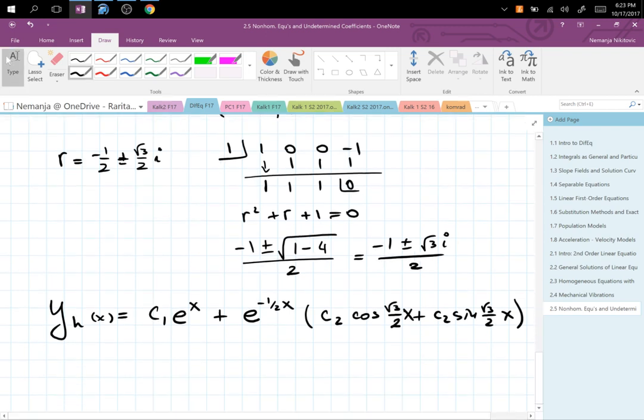After the C1 e to the x plus e to the negative 1/2 x, this is supposed to say C3 over here. C1, C2, C3. We know that we had a third order differential equation. We better have C1, C2, C3, right? We better have three constants. Great. So we are done with this part, right?